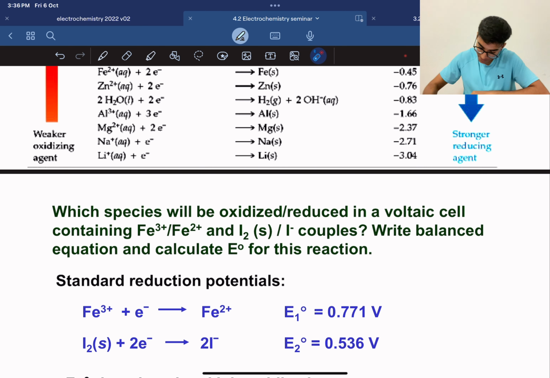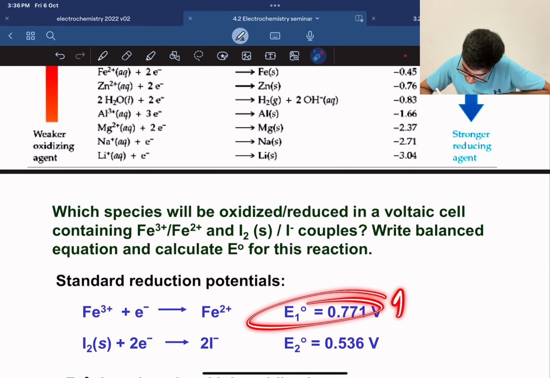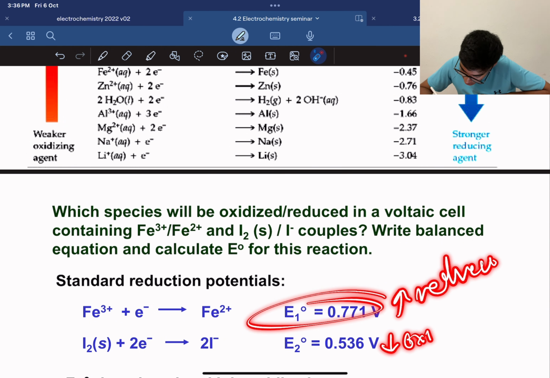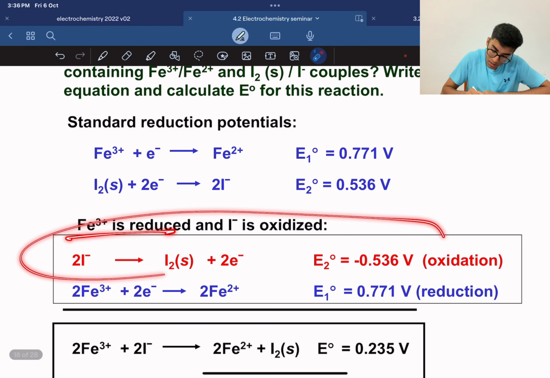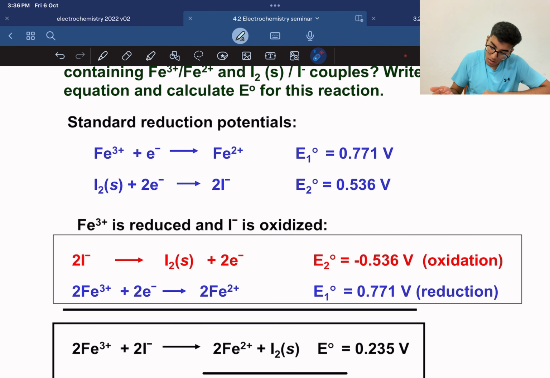So if we're looking at the values, we can say that this is going to get reduced. Then obviously this is going to get oxidized. Just like that. Fe plus is reduced and I is oxidized. And these are just the half reactions which I just taught you.